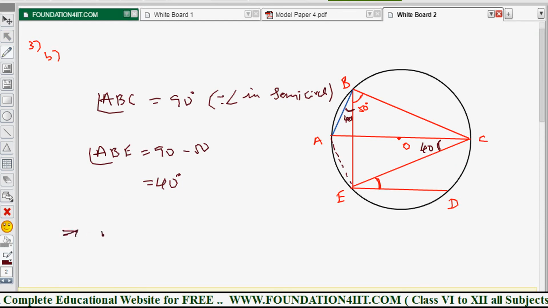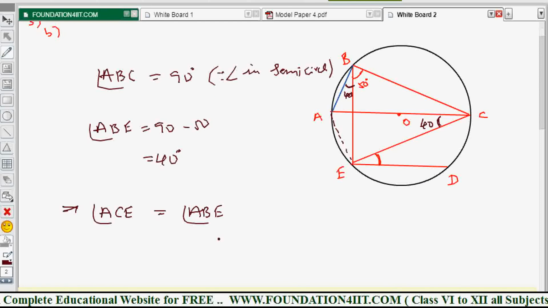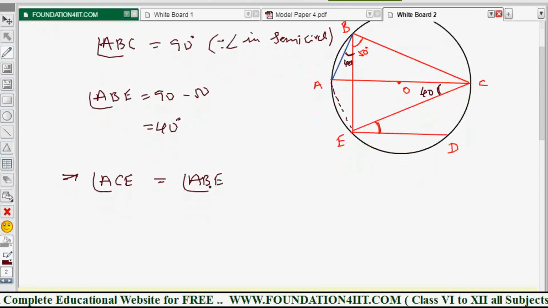Therefore, angle ACE is equal to angle ABE. These both are equal. The rule is that angles subtended by the same arc in the same segment are equal. Therefore this also equals 40 degrees.